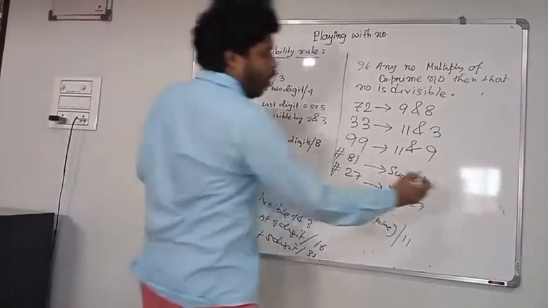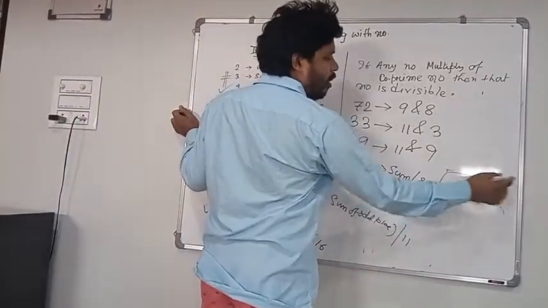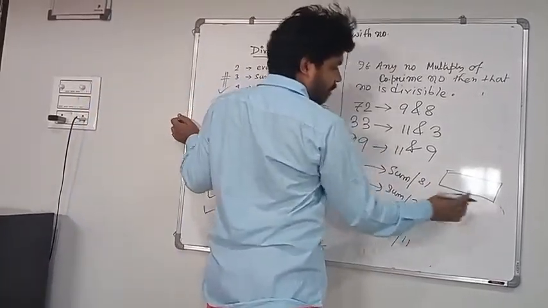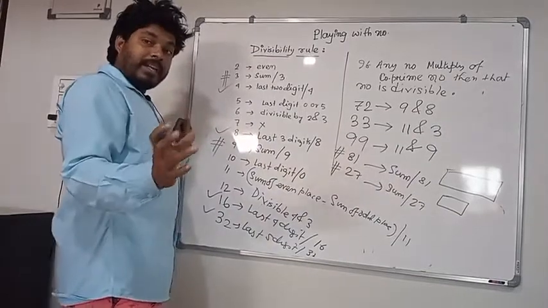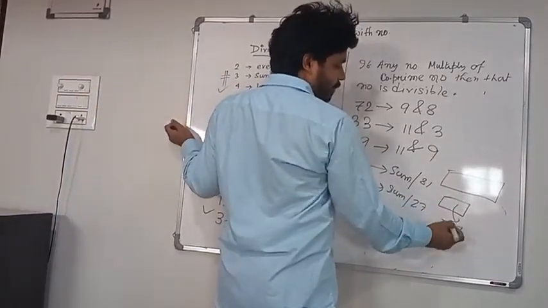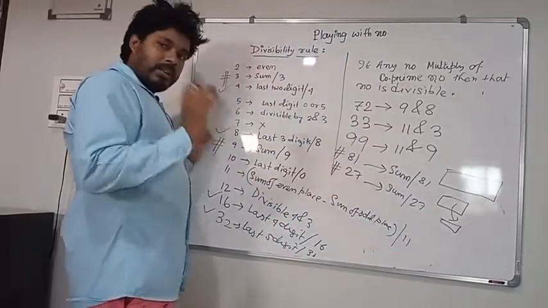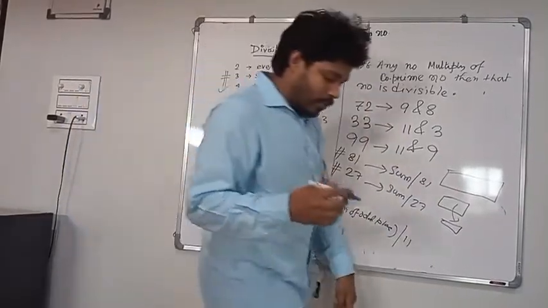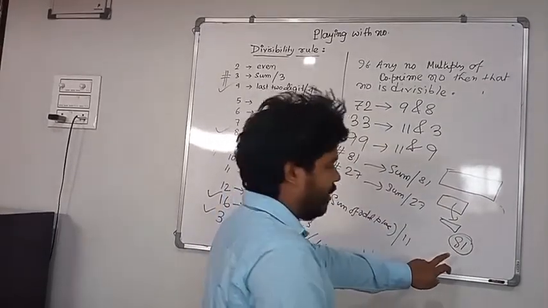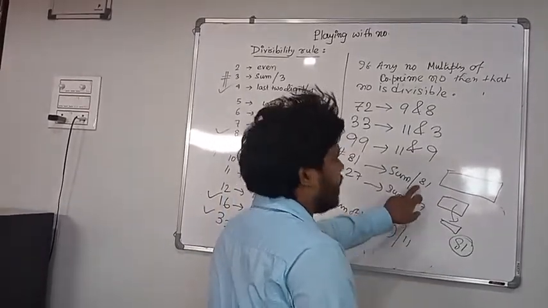Suppose a long number is there, and after adding its digits it becomes a 3-digit number. Again apply the sum. After some steps you finally get 81. This 81 is divisible by 81.